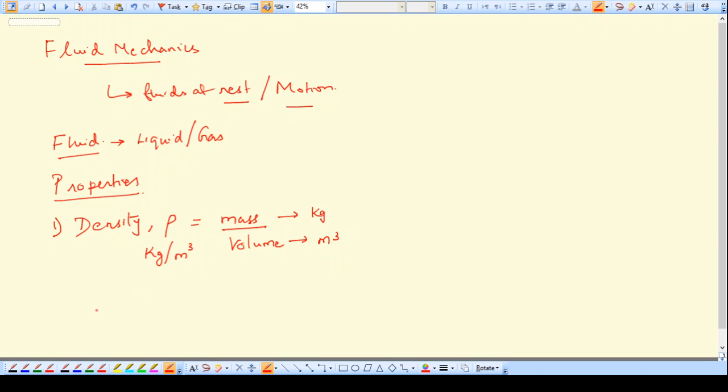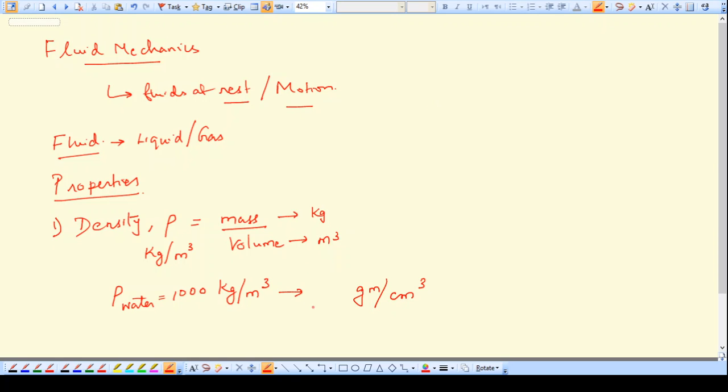The density of water is 1000 kg per meter cube. This you can write in grams per centimeter cube also.